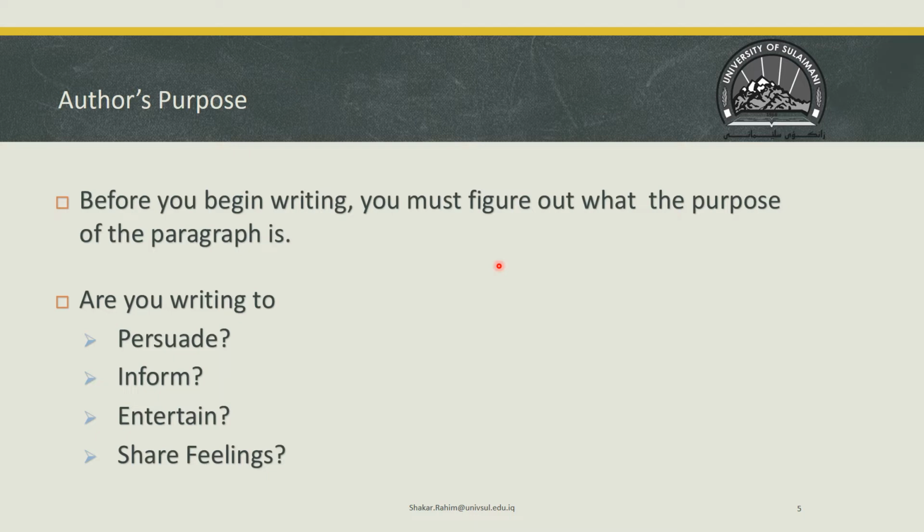Okay, so if you have students and you want to tell them something, you write something for your students, then your writing is different. You want to write a story, then your writing is different. Your purpose is different. For example, you are a salesperson for a company, you want people to buy your product, then your writing is different. You want to share feelings.